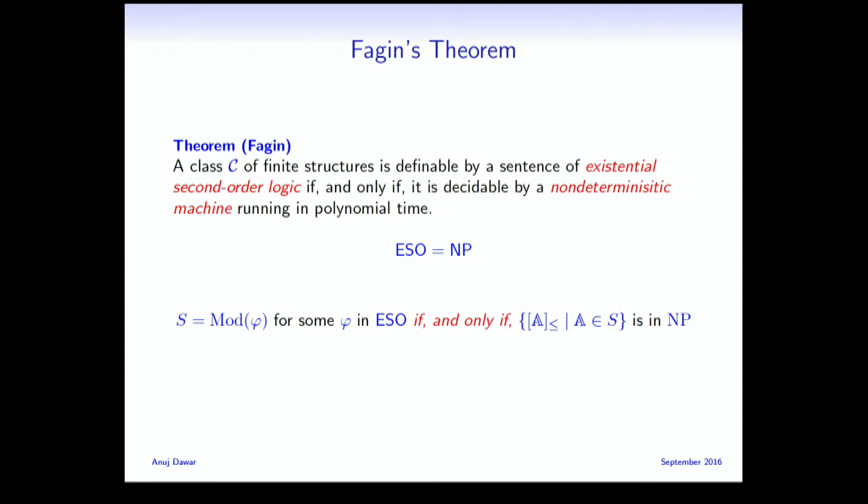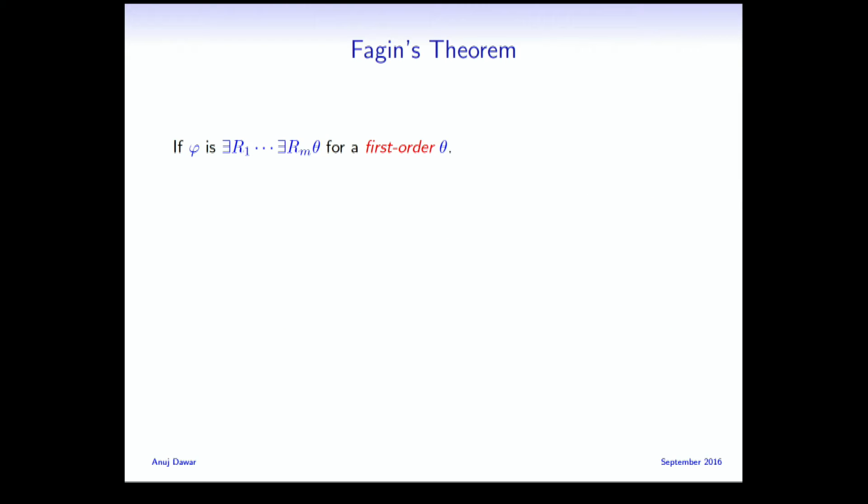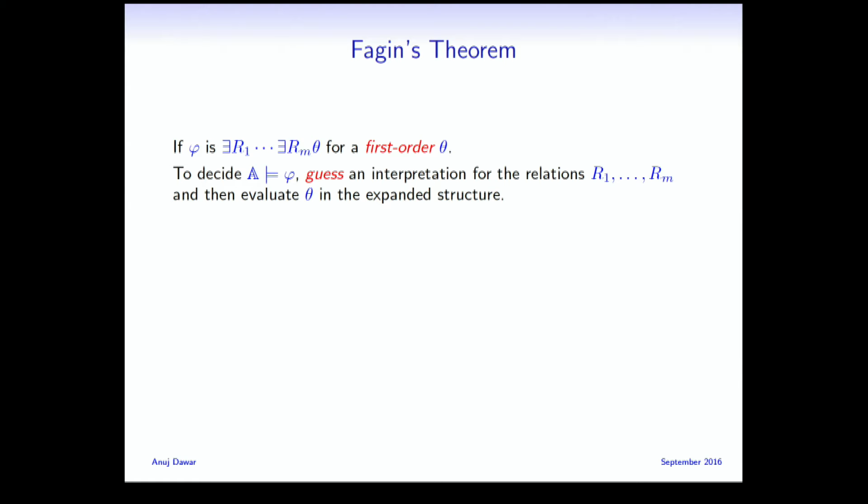I know many of you could write down a proof of this theorem now. This is well known, but I'll just state the key points in one slide. In one direction, if you have a formula of existential second-order logic, so in prenex normal form, there exist some relations, and then theta, a first-order formula, to decide whether a structure satisfies phi, given the input A, you guess an interpretation for these relations, right?